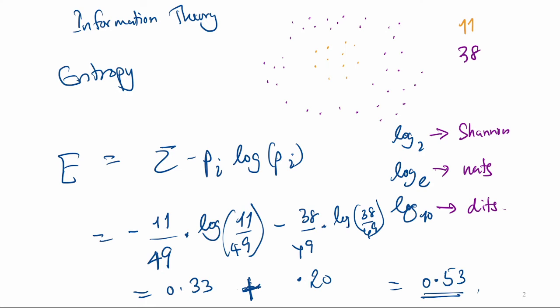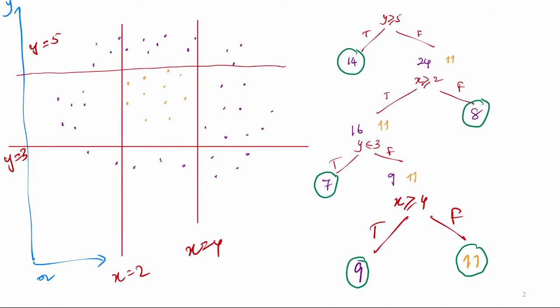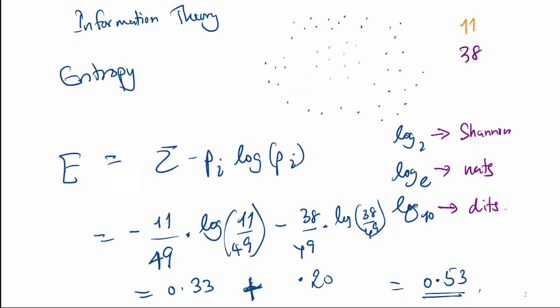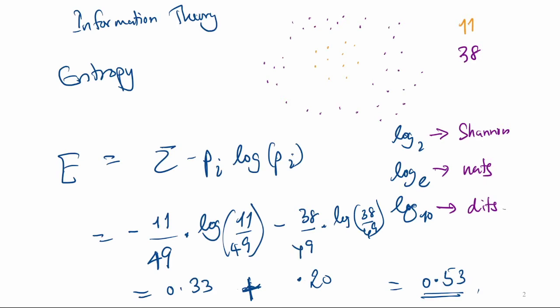Let's see what happened when we drew that first line. I'm talking about this line, the line y greater than or equal to 5.